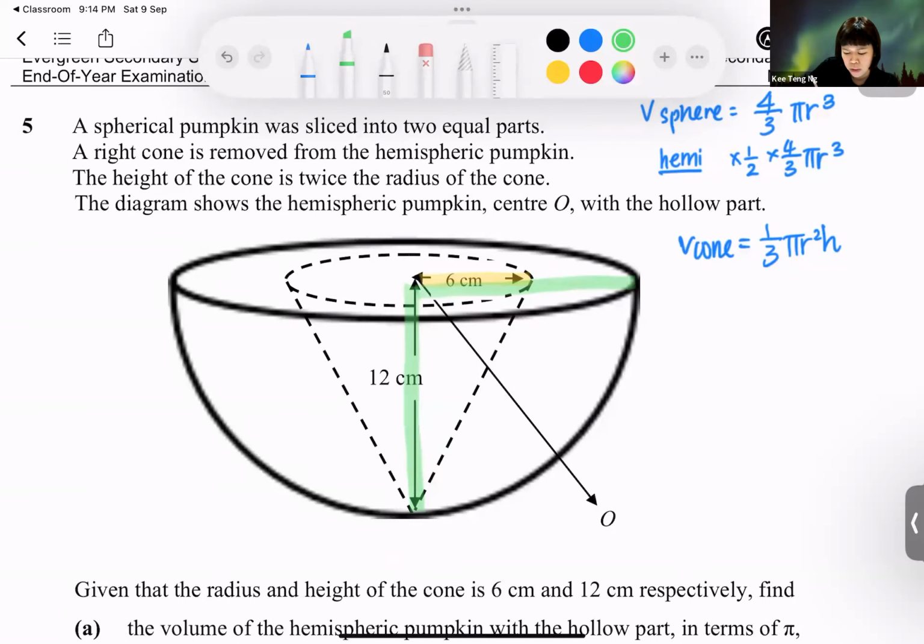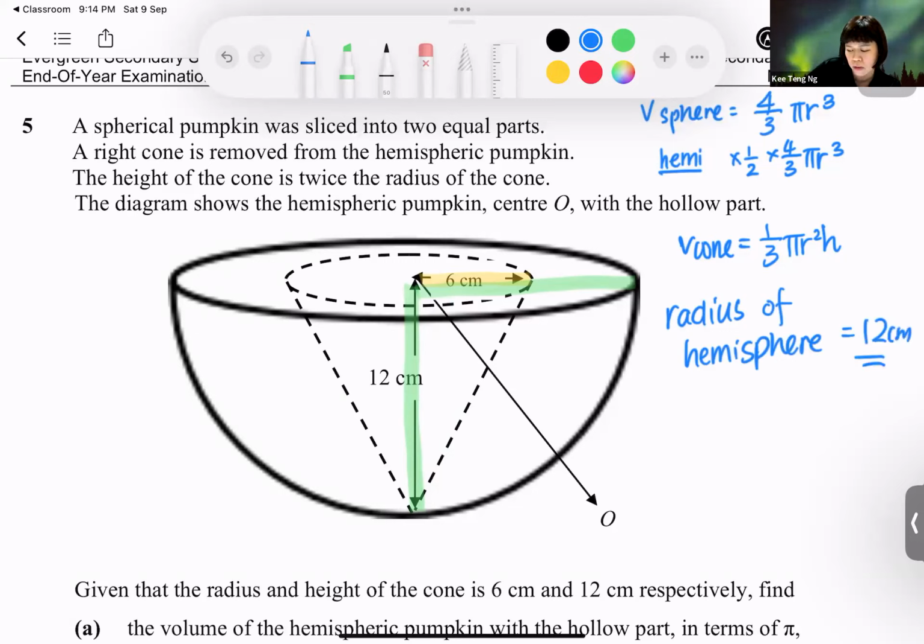If I rotate this, it means the radius of my hemisphere is actually 12 cm. So you need to interpret this on your own and be able to see that portion.